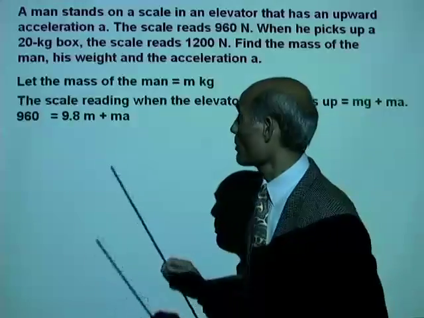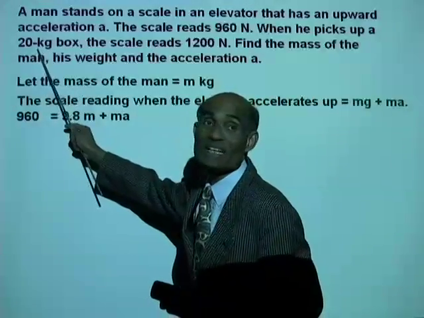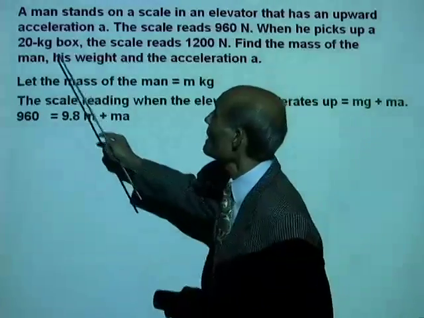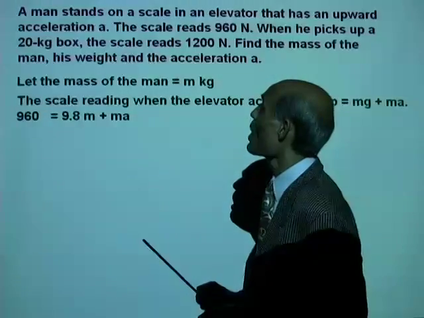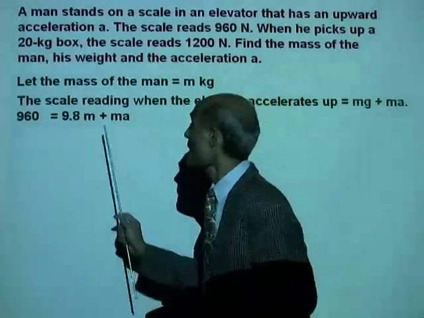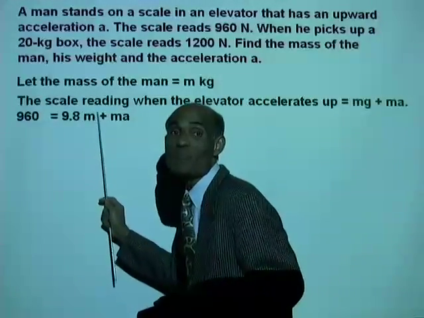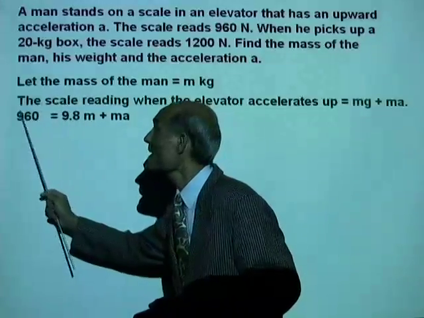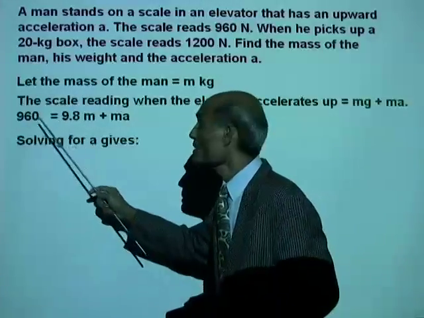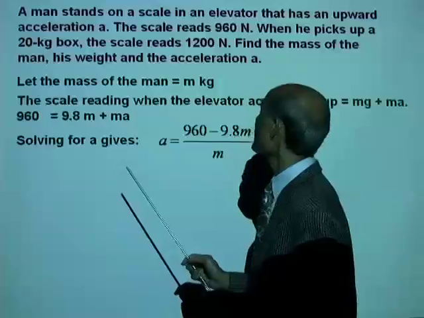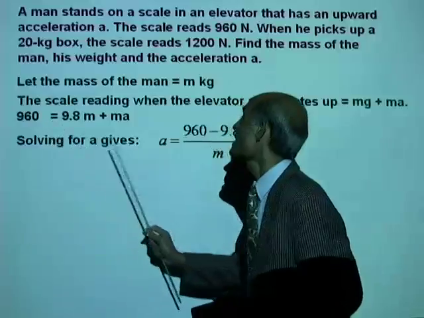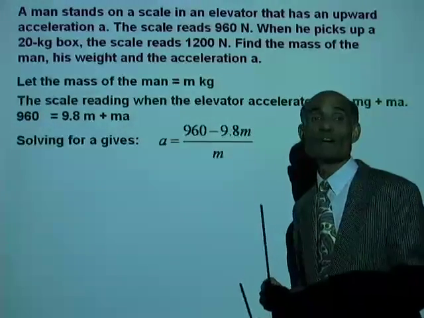Is that right? Alright, well, one more equation can be obtained when the man picks up the 20 kilogram box. What happens? When he picks up a 20 kilogram box, the scale reads 1200 Newton. That means this m now becomes m plus 20, and then the scale reads 1200. Well, if you want, let's solve the first equation for a. a equals 960 minus 9.8m over m.